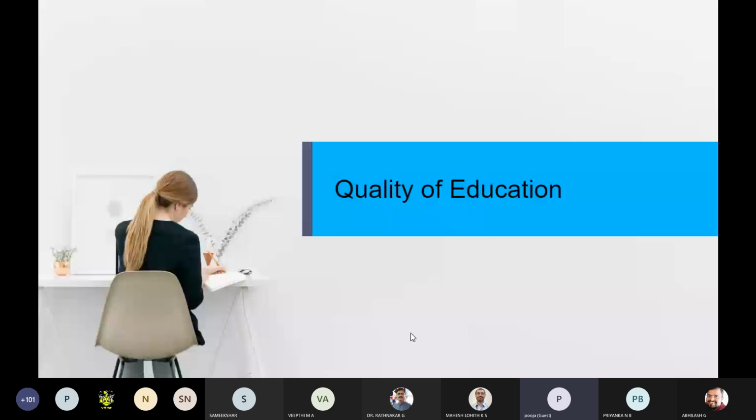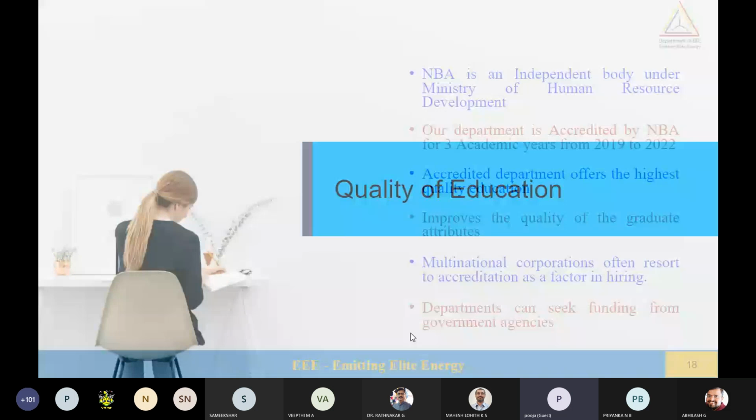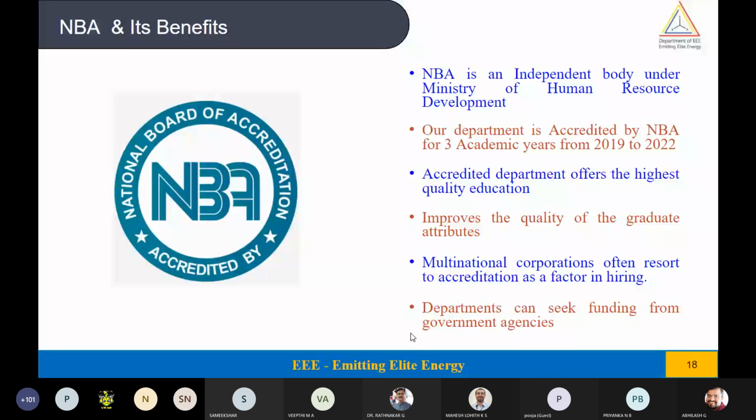So I told you how what we are offering in our college is different from other colleges. Whatever procedure we follow in offering the curriculum and evaluating, we got certification from an independent body called the National Board of Accreditation, which is under the Ministry of Human Resources.